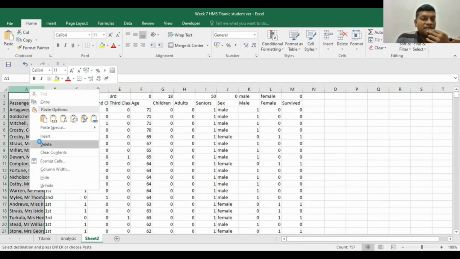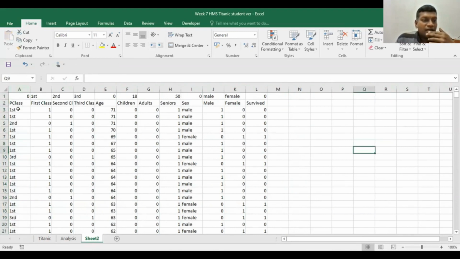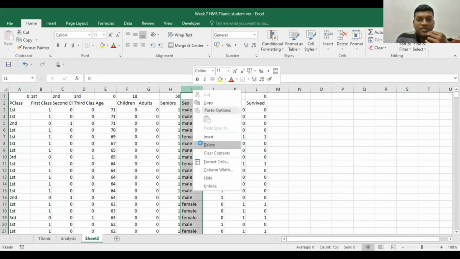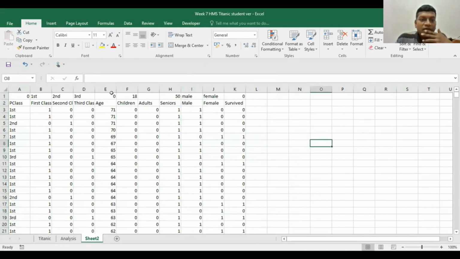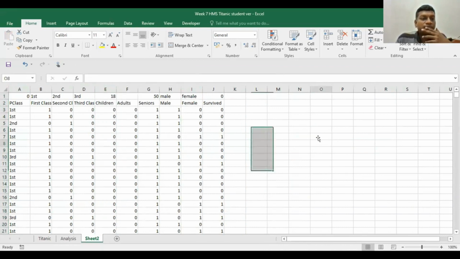So I delete that. I have this information: passenger class, first class, second class, third class, age, children, seniors. I don't need this information. I have captured this. Delete that. Okay, I don't need this age information anymore. Delete that.